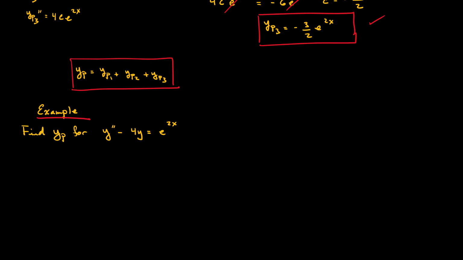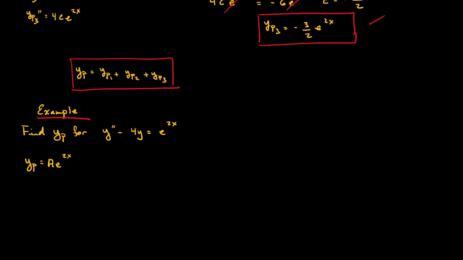Seems fairly straightforward. So it makes sense for us to propose that yp is equal to some constant a multiplied by e to the 2x. After all, that's what the table from the previous video suggests that we do.